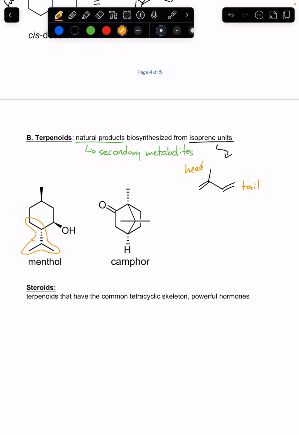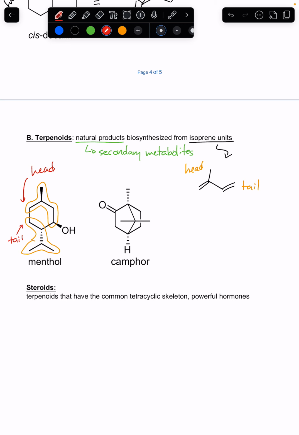Here's the isoprene skeleton. The second one is always found in sequence right after the first: the tail should follow the head. Okay, and so this has two isoprene units.